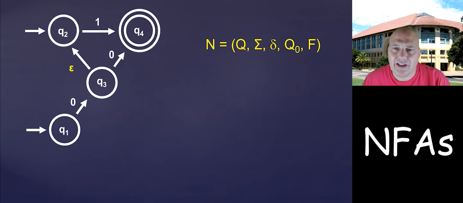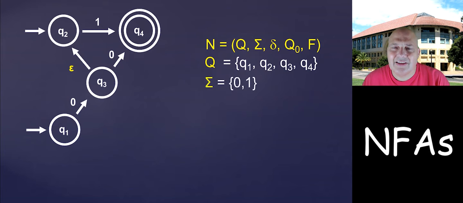So here is the NFA that we had before. The set of states is Q1, Q2, Q3, Q4. This is the limit of what we can squeeze into the slide. Sigma is 0, 1. Again, it's the binary alphabet. Q0, the set of start states, contains two start states.